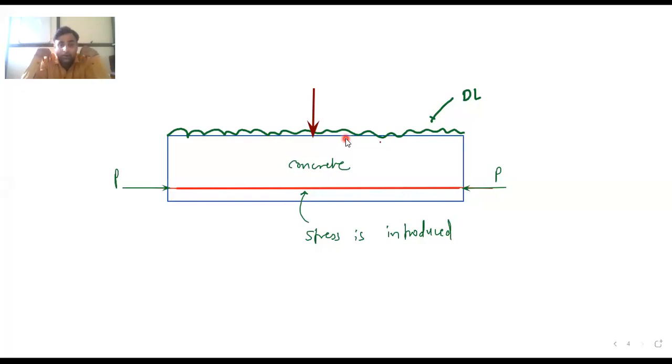If we are able to produce a stress exactly opposite in nature to the direct stress and bending stress developed due to the loading, then it can counteract those stresses, and our structure will get more strength, be more stable, and resist more load. That is the concept.